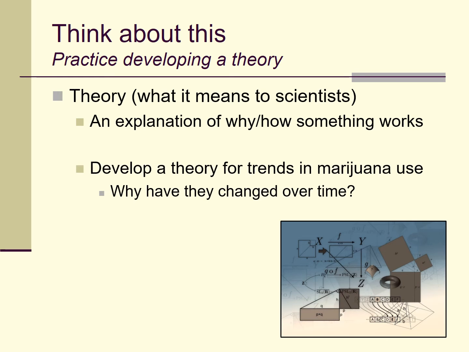So for the purpose of this little exercise, I want you to take a minute at least and develop a theory for the trends in marijuana use. That is, an explanation for why rates of marijuana use have changed over time, at least rates among young people. So why is it the case that marijuana use was relatively high among high school students in the mid-70s?